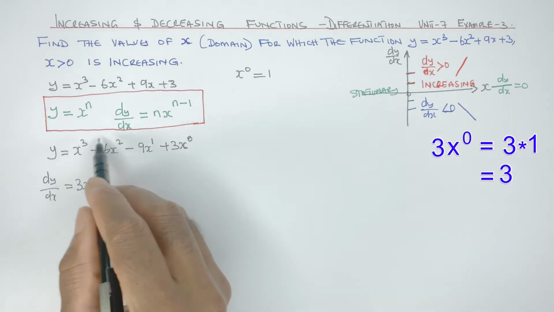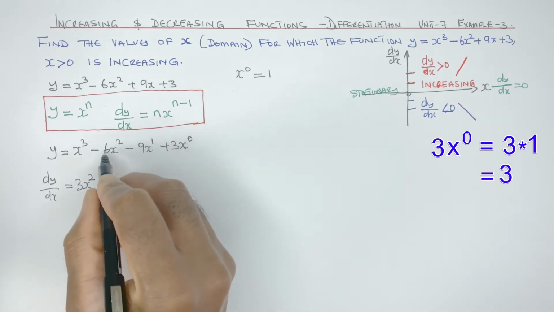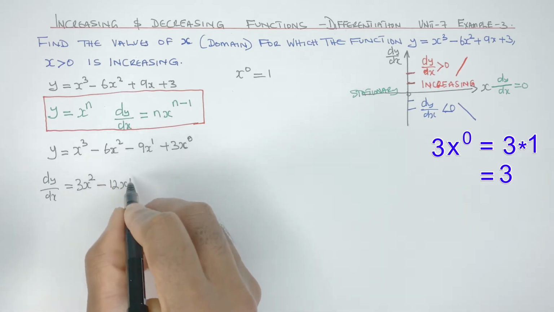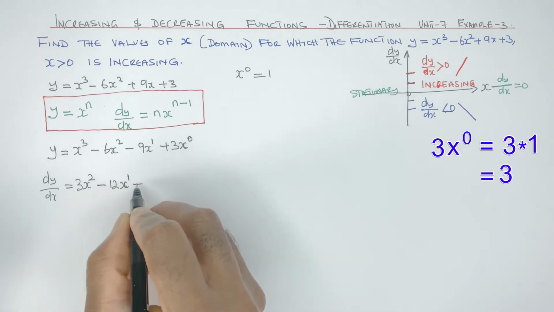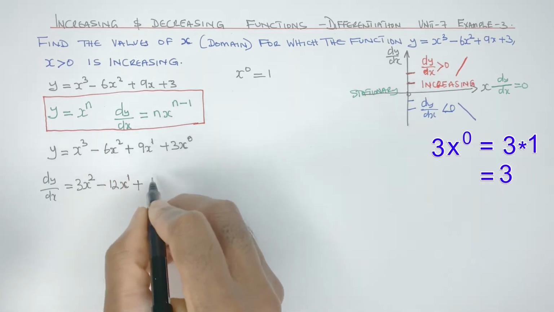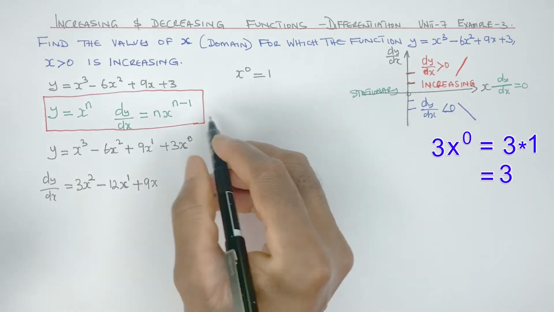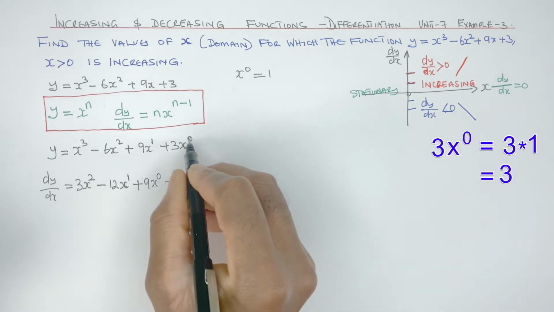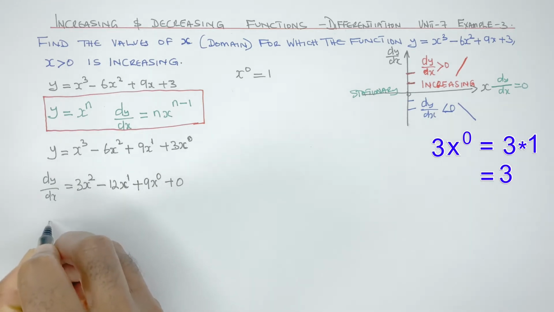Then 3 minus 1 is to the power of 2, minus 2 times 6, that's 12, x, 2 minus 1 is 1, x to the power of 1, minus 1 times 9, so actually that's plus here, plus 1 times 9 is 9, x to the power of 1 minus 1, that's 0, plus 0 times 3, that's 0. So that's gone.